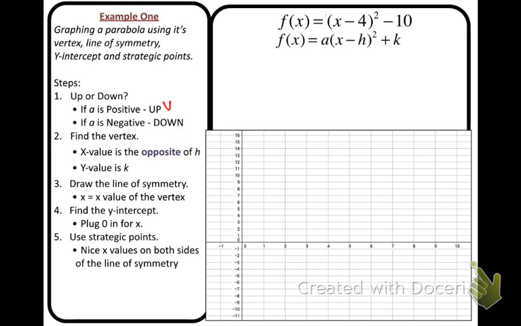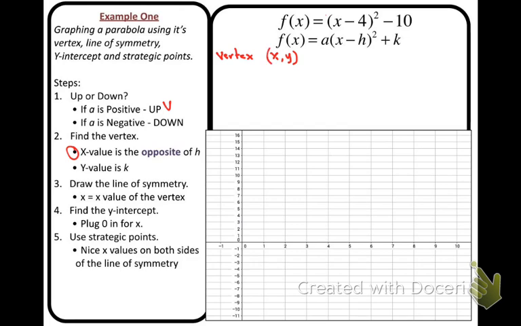Now the vertex. Remember, in standard form we had to use a formula to find the vertex, but vertex form is called vertex form because it gives us the vertex. We can pluck it straight out of the equation. The vertex, and I'm going to write this over and over again, is the xy coordinate.